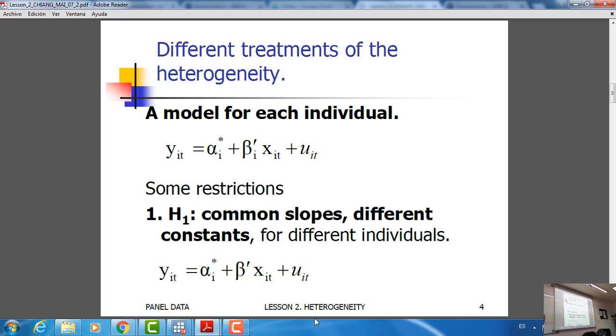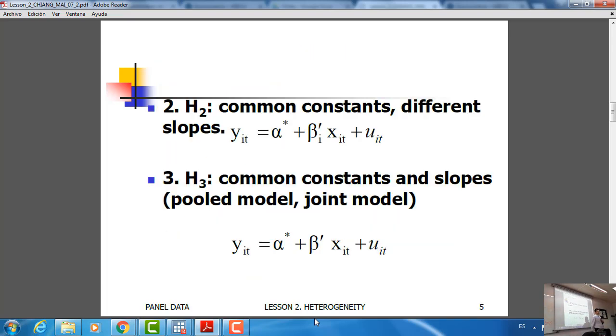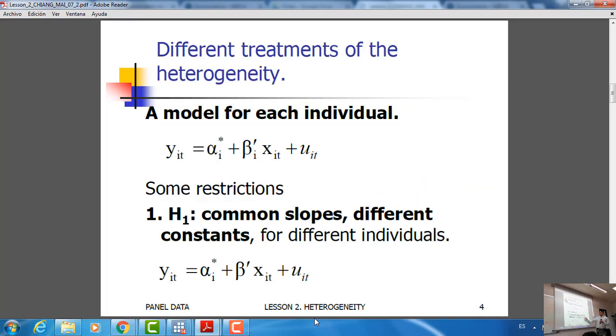That's K plus 1, so 5, 6, 7, few. This is the typical model that we call pool.